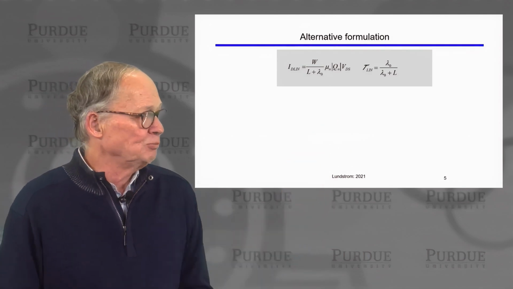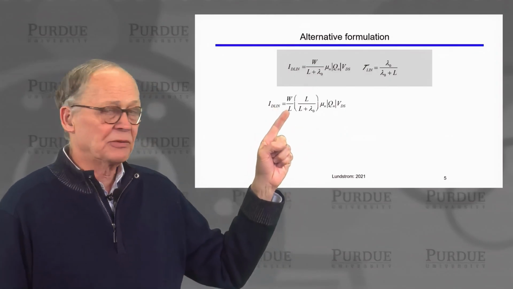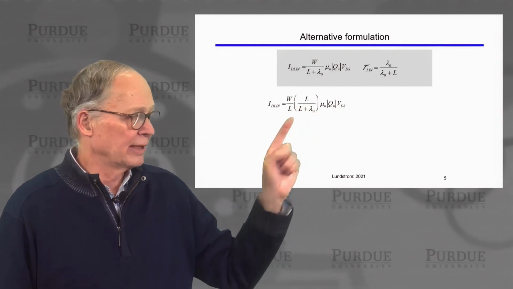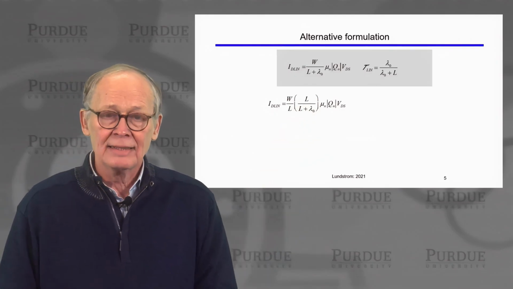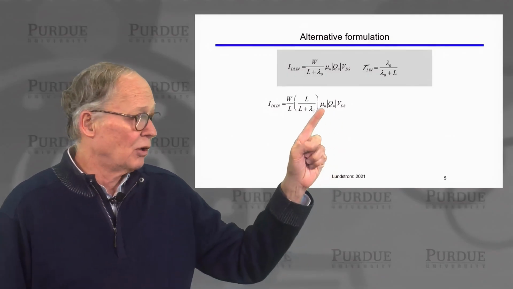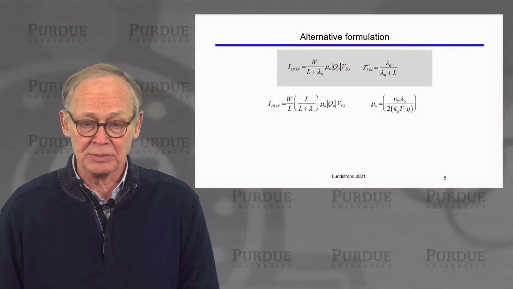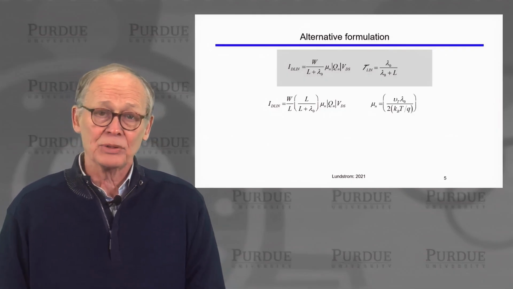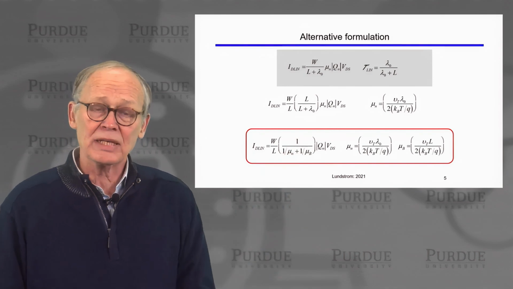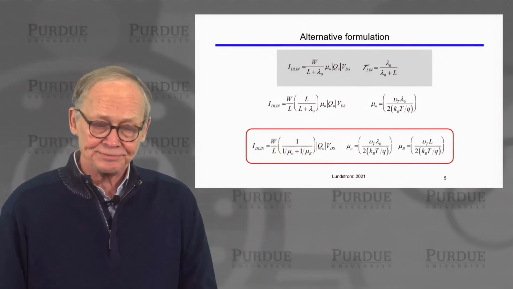So if I look at this expression, and if I pull the W out front, divide by channel length, and then multiply by channel length inside the brackets, then I can rewrite this expression in a different way. Recall that we know how the mobility due to scattering is related to the mean free path. So if I put this together, you should be able to convince yourself that we can write the linear region current in this form.